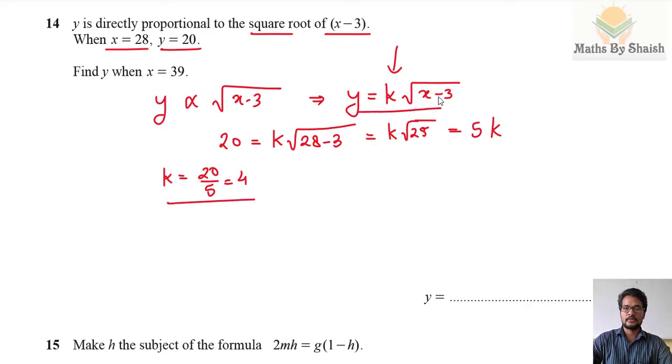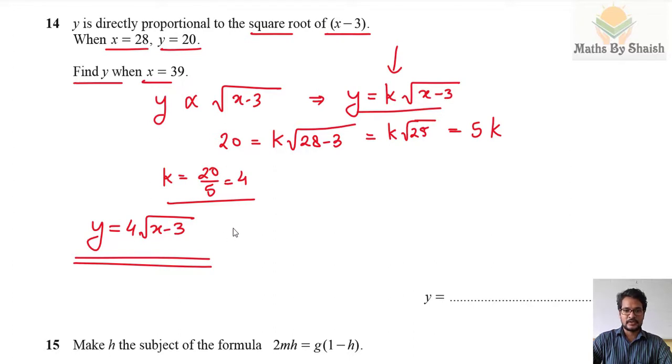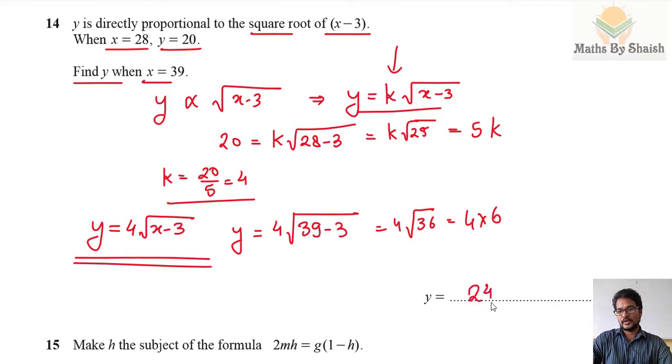We will substitute here because we require the formula, and the formula becomes y equals 4 times the square root of x minus 3. Once we have the formula, we can simply find either x or y, whatever they ask. Here they have asked to find y when x equals 39. So y becomes 4 times the square root of 39 minus 3, that is 4 times root 36, and root 36 is 6, so 4 into 6, the answer is 24.